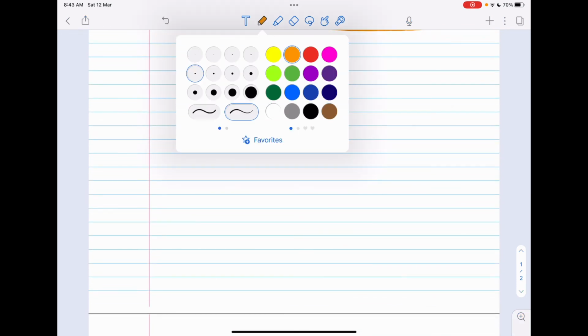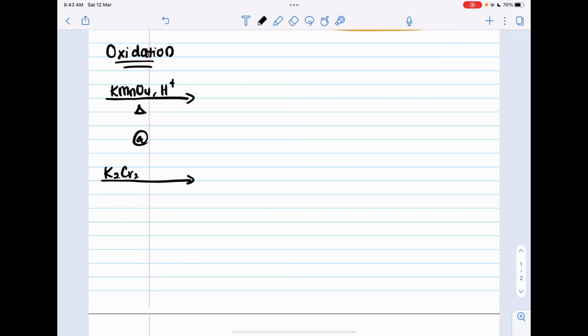But we want to talk about oxidation. Oxidation, we have to write it like this. Either you're going to use KMnO4, H plus, heat, this is how we write it, or potassium dichromate. We are going to write it either like this. So what will actually happen?